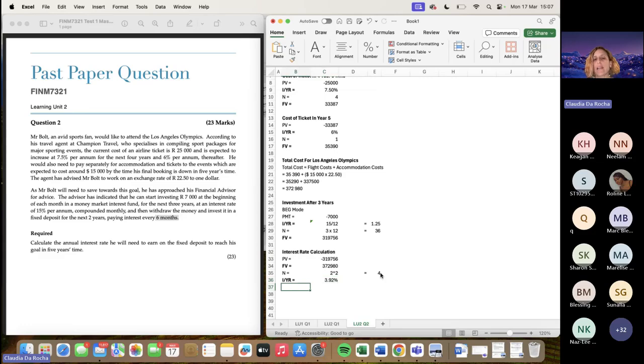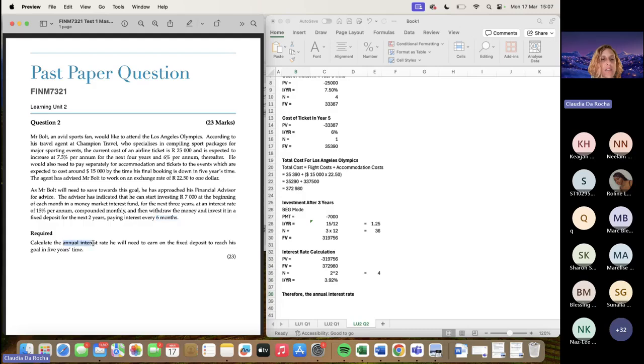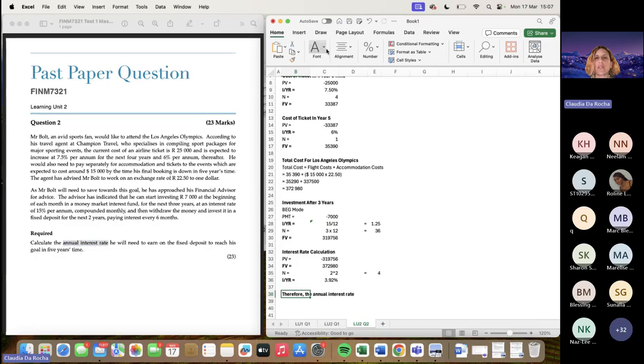Okay, but we're not done, because this interest is a compounded interest. It's an interest compounded twice a year. So to get the annual interest rate, and why do I need to do that? Because the question said, calculate the annual interest rate. It didn't say calculate the compounded interest rate or the effective annual interest rate.